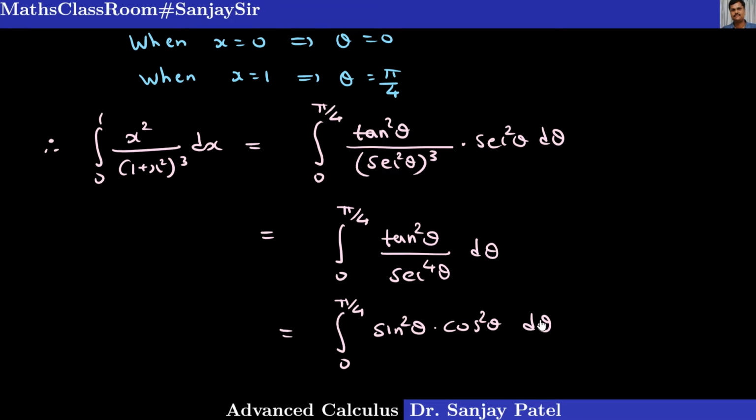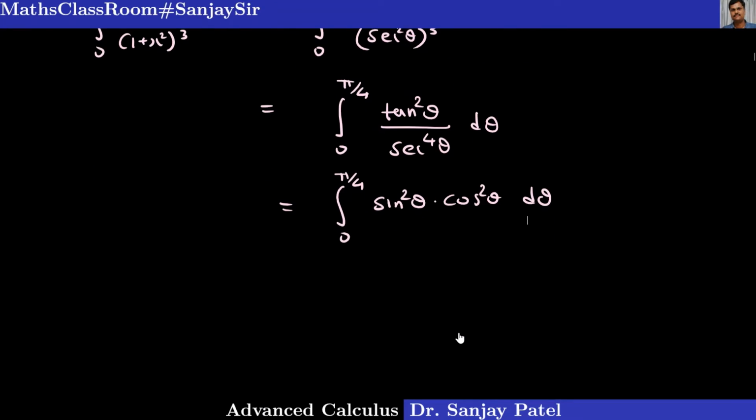Okay, and this I can convert into sine 2 theta. If I multiply and divide by 4, I can write it like this: 1 by 4, integral 0 to pi by 4, 4 sine square theta cos square theta d theta.